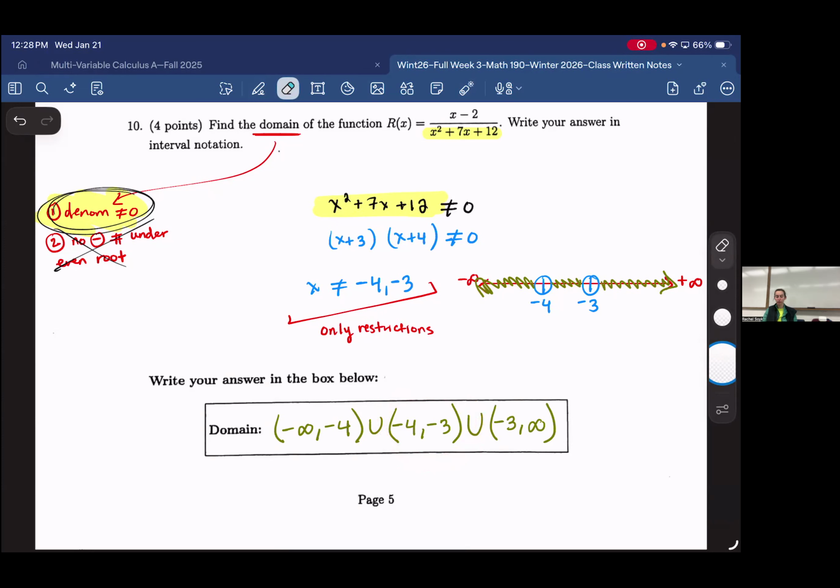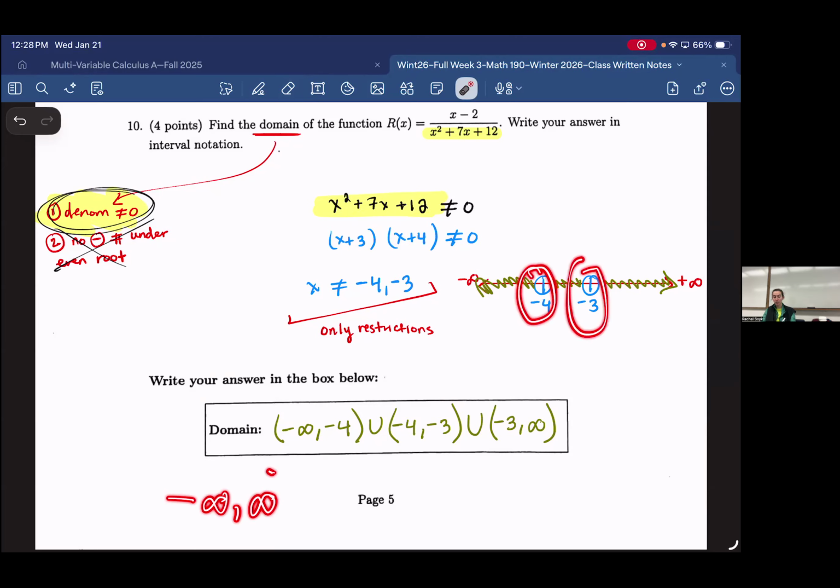Yeah, I think you're right. Negative infinity, comma infinity. Why can't you write it as negative infinity, comma infinity? Because we're not including these two values.